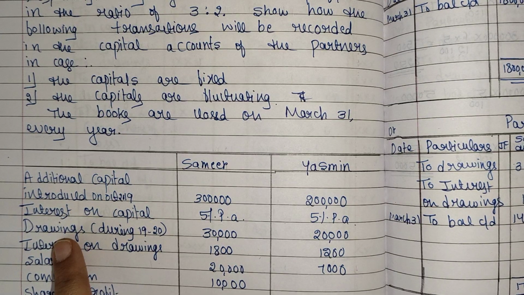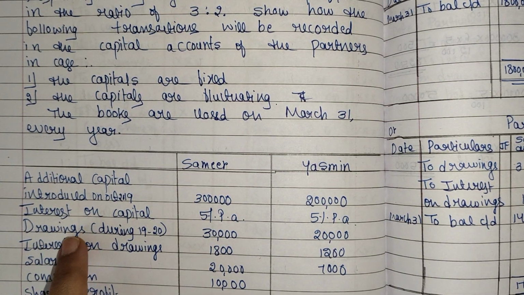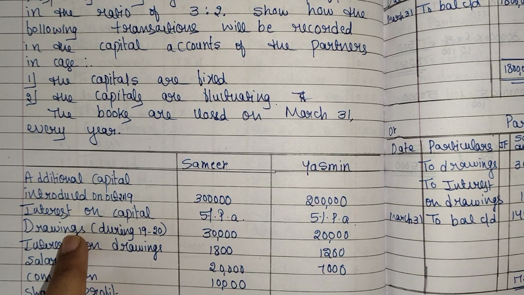So if in the problem they mention permanent withdrawal, they need to mention it specifically, meaning it results in permanent withdrawal of capital. Then it goes to the partners' capital account under the fixed capital method. So don't get confused here. In our problem, this drawing is a temporary withdrawal, meaning it does not reduce the capital and it goes to the partners' current account. Clear?